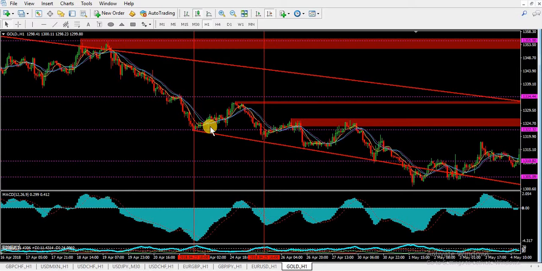Like this, from this point, in fact, let me just add another one here so that you guys can see. Do you see what's happening? This point is higher than this one, right?